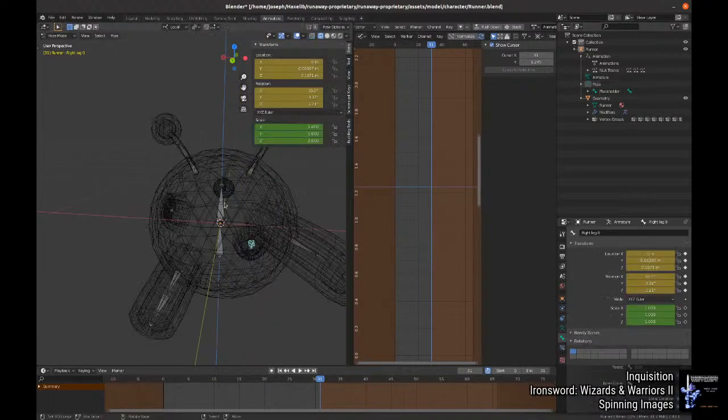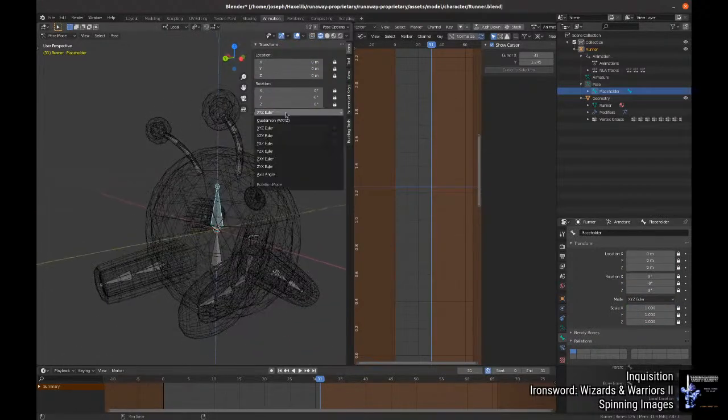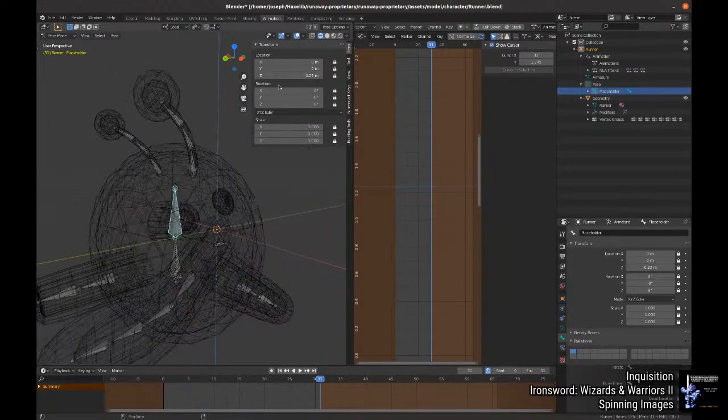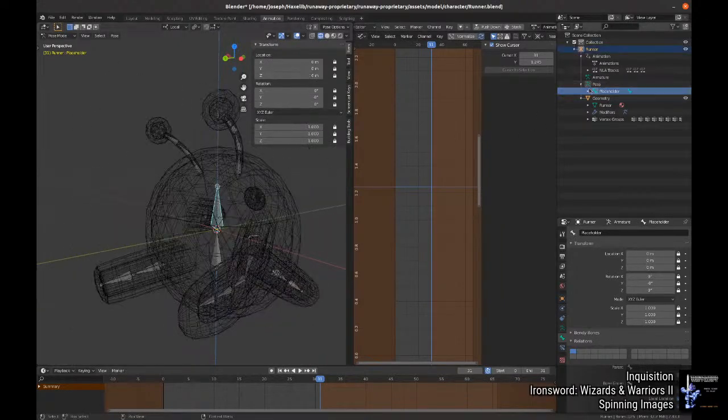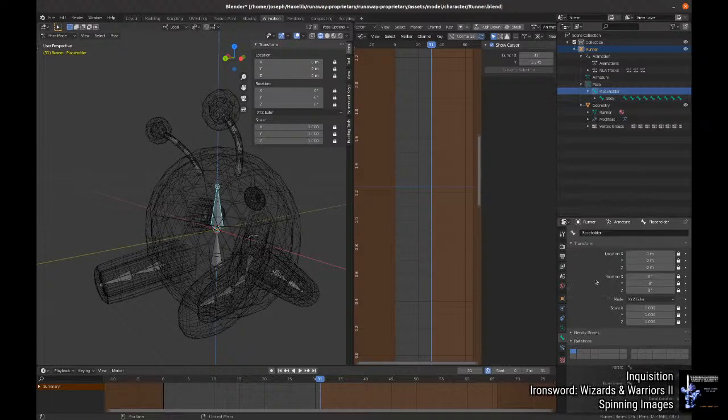So that's not where the problem is coming from. But within this pose, its coordinate space has been messed with.